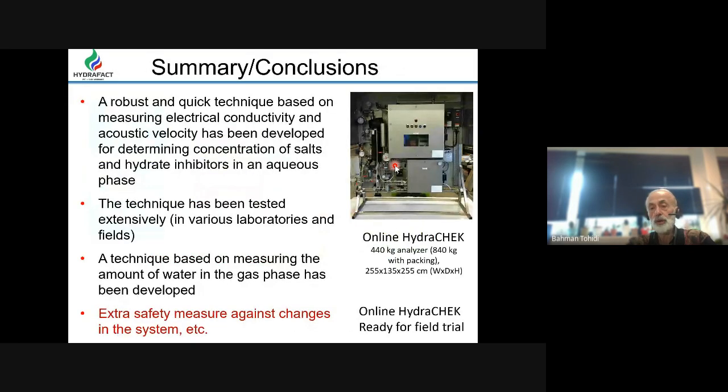We also have the online HydraCHEK. This device will take the sample, and we condition the sample by heating with a Peltier element, removing emulsion, then cooling down between 15 and 25, and then measuring the concentration of salt and inhibitor, and then dumping it to storage or back to the pipeline, and then rinsing it, and getting ready for the next sample.